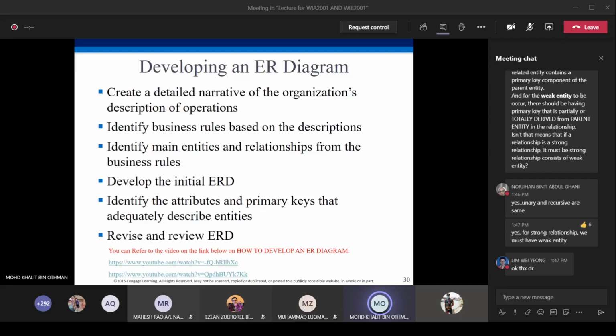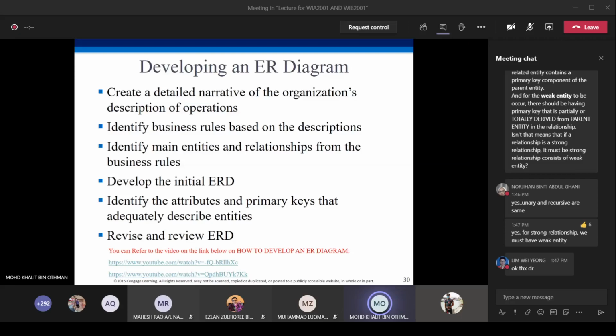Developing an ER diagram. Developing or building an ER diagram usually involves the following activities. First, create a detailed narrative of the organization's operation. What is a detailed narrative?